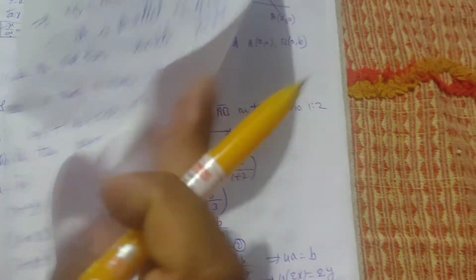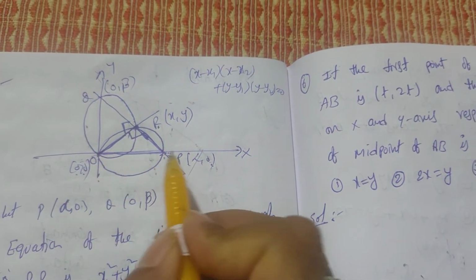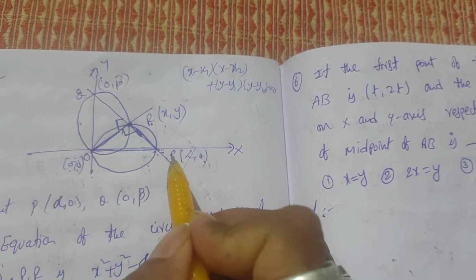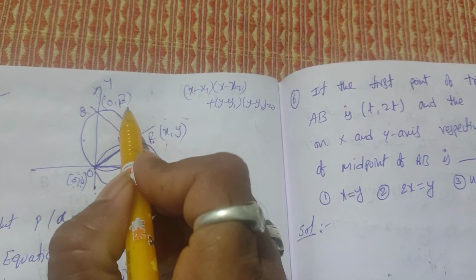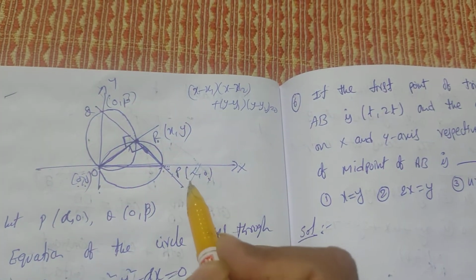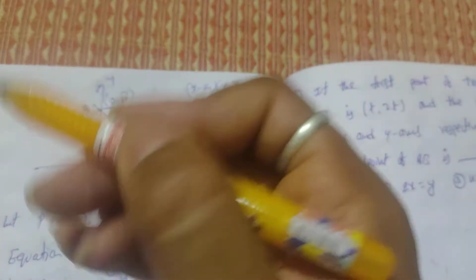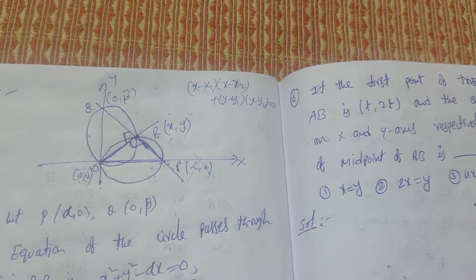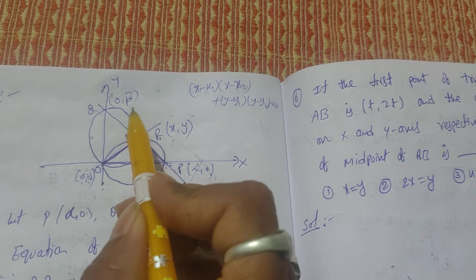So if you take the diagram, take x-axis and y-axis. I already drew this, I am just explaining here. So take P as alpha comma 0, Q as 0 comma beta.